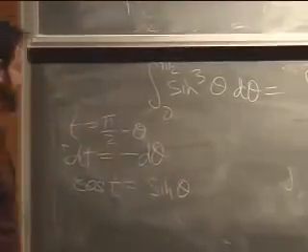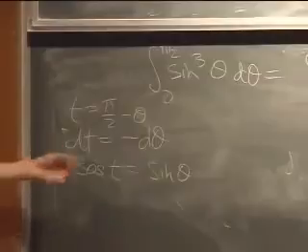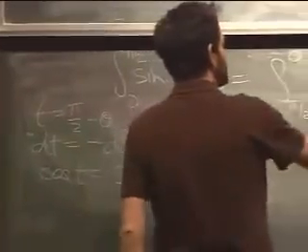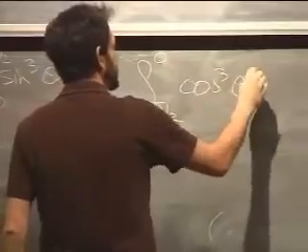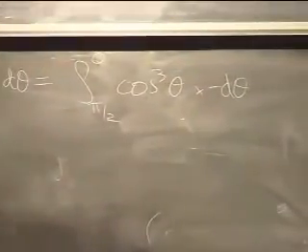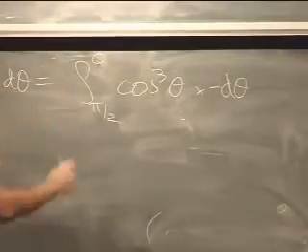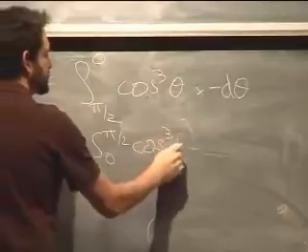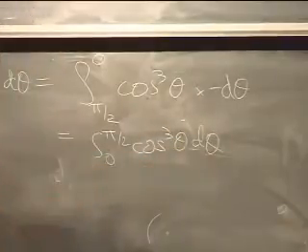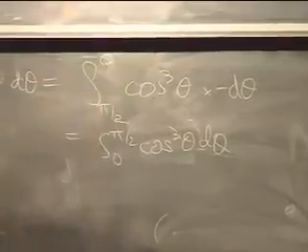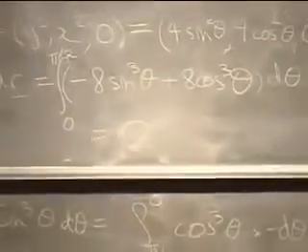That's what the co means, as in cosine of pi over 2 minus theta is sine. So this is cosine cubed theta times minus d theta. Don't forget the minus. But you can use the minus to switch this around. So the integral of sine cubed from 0 to pi over 2 is the same as the integral of cosine cubed, and this is 0. So you don't really have to do either integral.